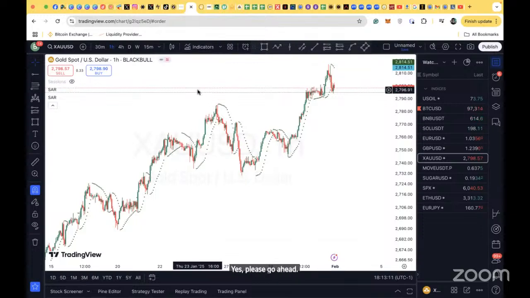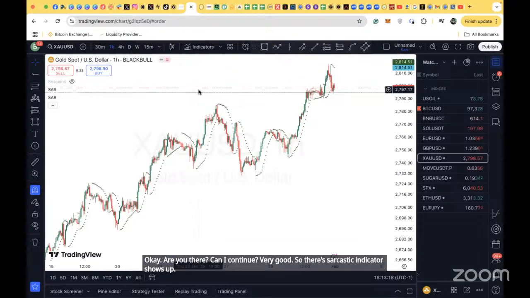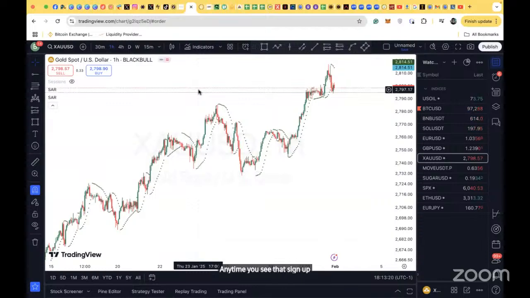Very good. So when this stochastic indicator shows up, anytime you see that sign up, it means the market will go down, meaning a sell trade. Anytime the stochastic goes down, it shows that the market will go up.